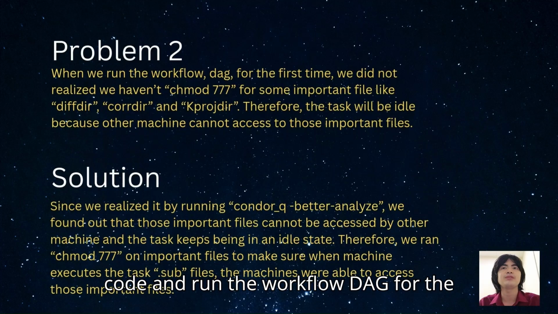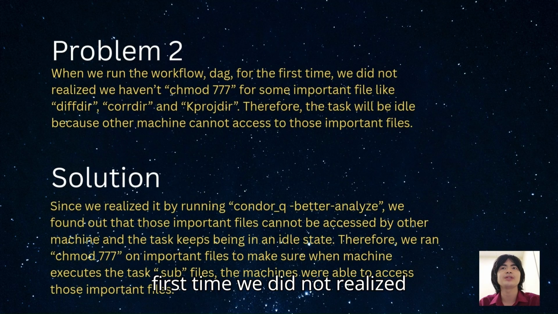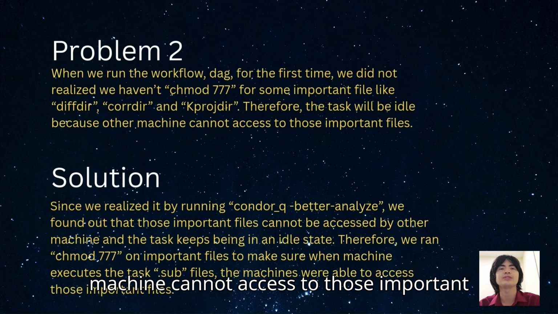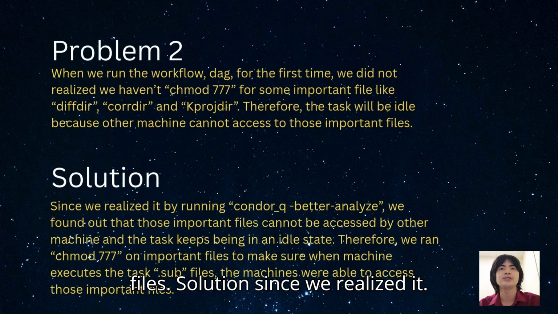Problem 2. When we ran the workflow DAG for the first time, we did not realize we hadn't run chmod 777 for some important directories like diffdir, cordir, and capcordir. Therefore, the tasks would be idle because the machine could not access those important files. Solution.